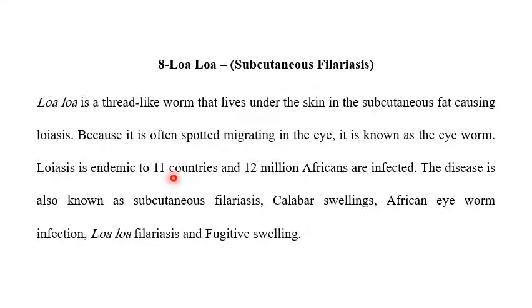Loiasis is endemic to 11 countries and 12 million Africans are infected. The disease is also known as subcutaneous filariasis, Calabar swellings, African eye worm infection, Loa loa filariasis, and fugitive swelling. All these are the disease caused by Loa loa with different names.